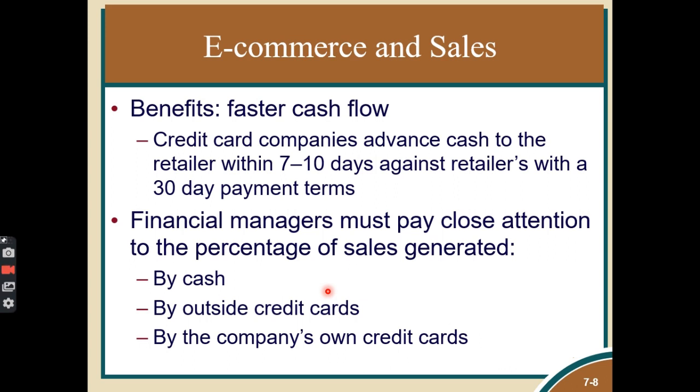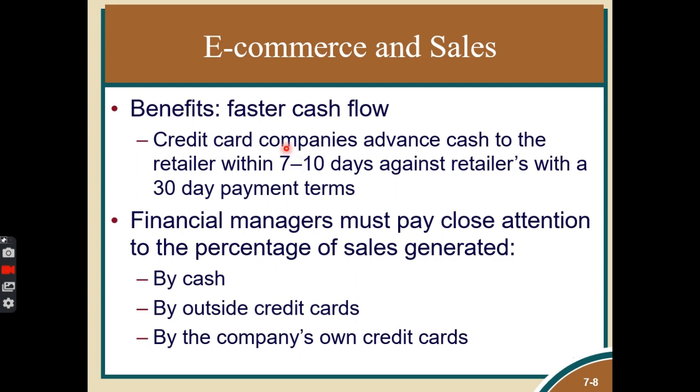If you compare that with the usual sales transaction wherein we receive the payment from customers within 30 days, if that's the normal credit term, then there is a benefit of around 20 to 23 days. Instead of waiting for 30 days before the credit term expires, you can receive the cash immediately from the credit card companies.